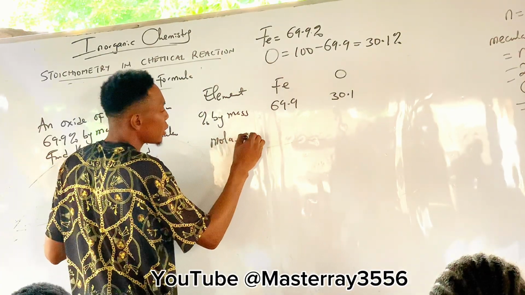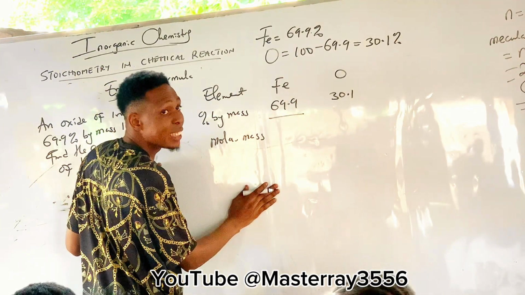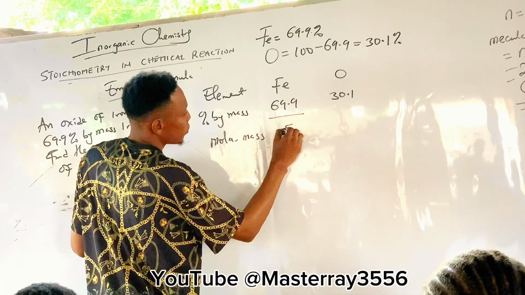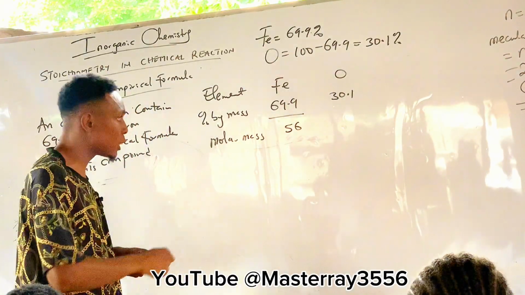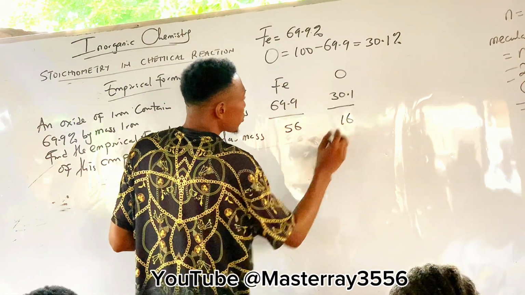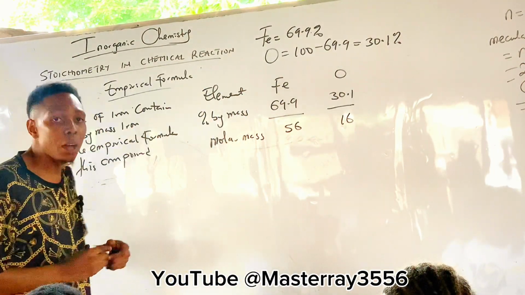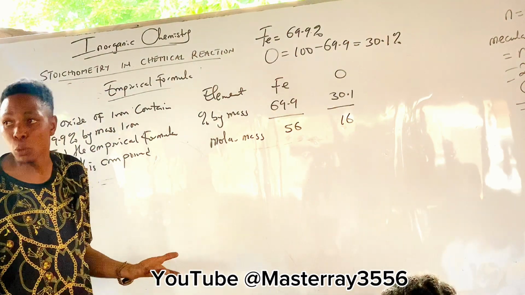After that, you divide by the molar mass. The molar mass of iron is 56. That is 55.5 here, approximately 56. Then the molar mass of oxygen is 16. Now, you will be given those molar masses in your exam. Are you following?